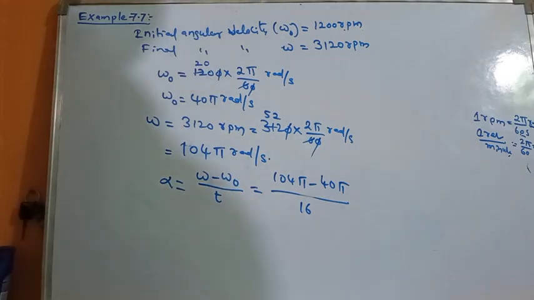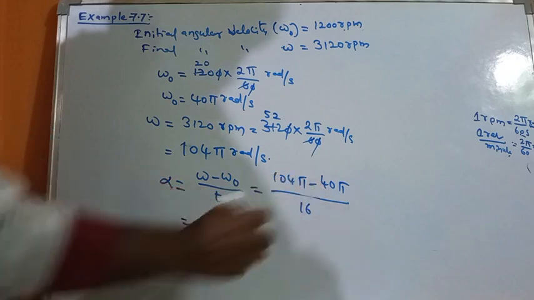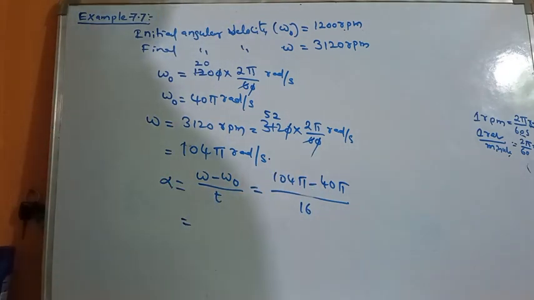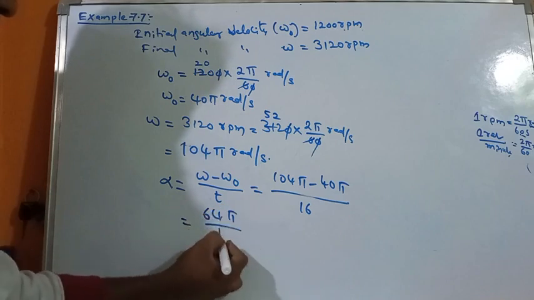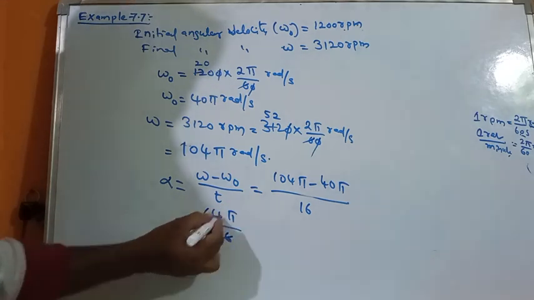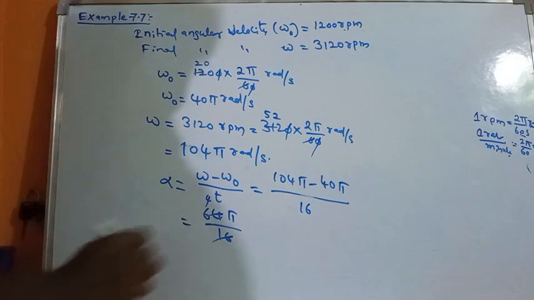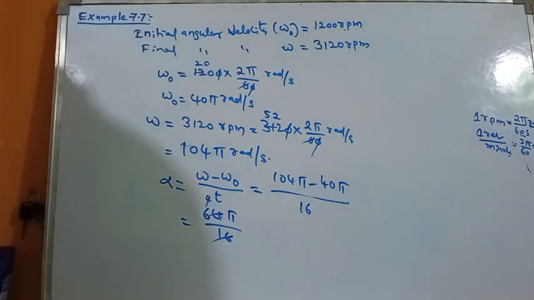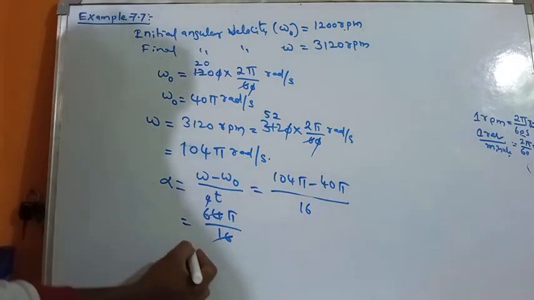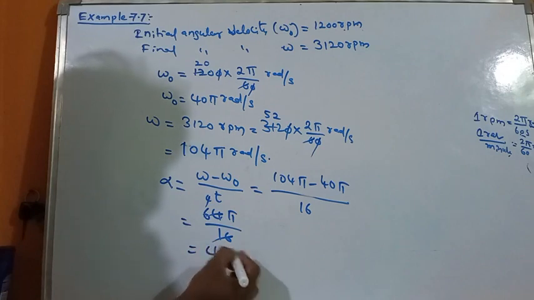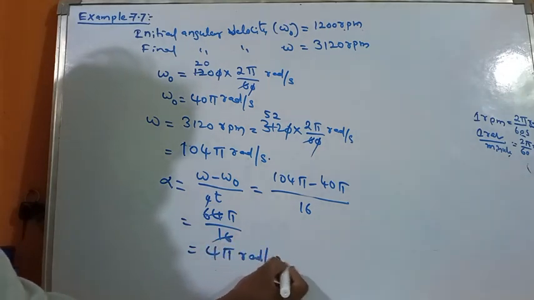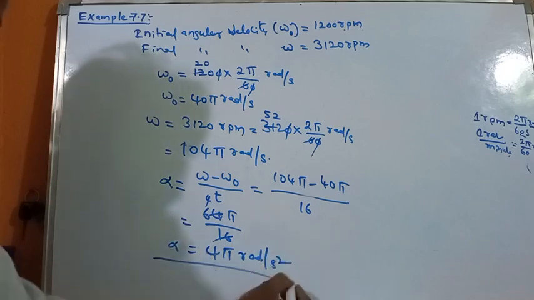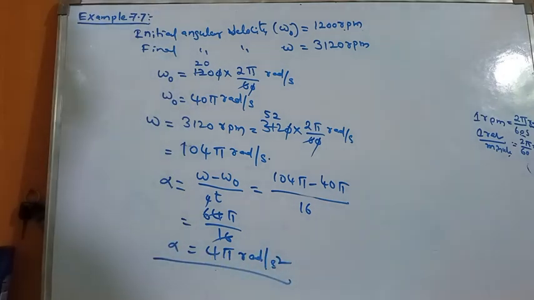So it is equal to 104 minus 40, that is 64 pi by 16, which is 4 pi radians per second square. This is the alpha.